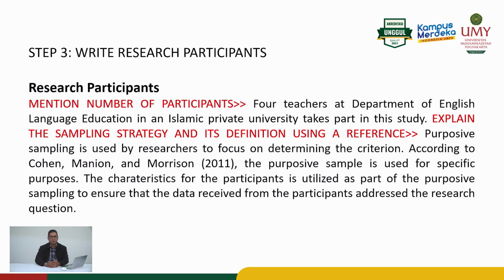Purposive sampling is used by the researcher to focus on determining the criteria. According to Cohen, Manion, and Morrison, the purposive sample is used for specific purposes. The characteristics of the participants are utilized as part of the purposive sampling to ensure the data received from the participants address the research question.